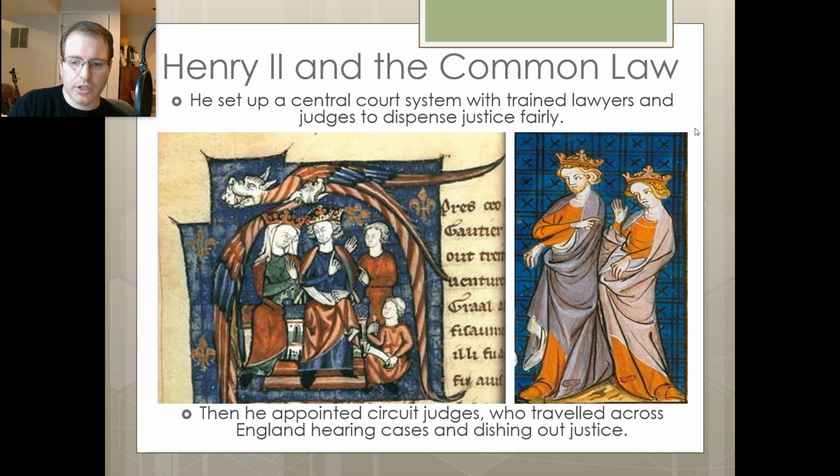He creates circuit judges, which are going to travel around all of England to make sure that they can give out the king's justice. Instead of the feudal lord's justice, this is the king's justice. Okay, see how there's a slight difference there, and how it puts the power in Henry's hands as opposed to in the hands of many different people.